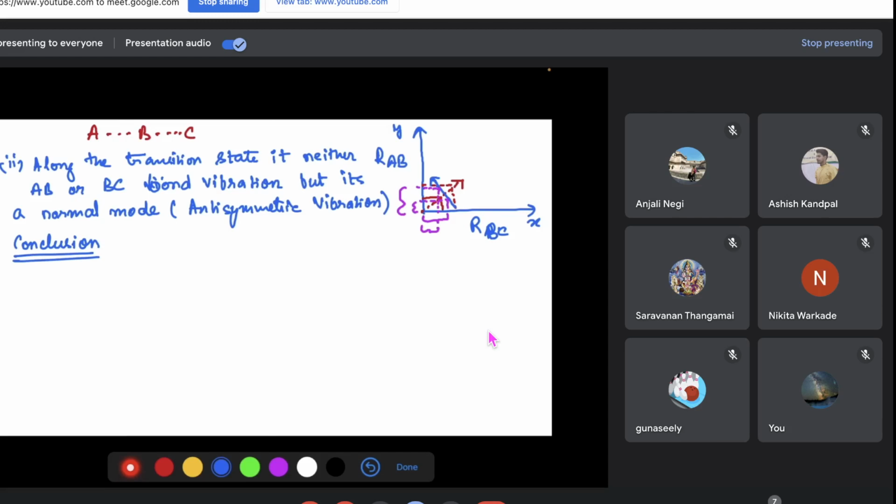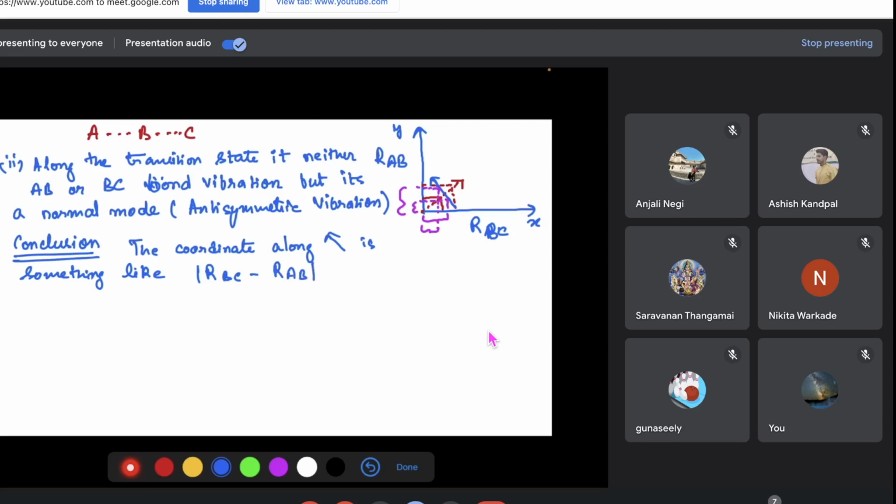How does the coordinate of my antisymmetric vibration look? The coordinate along this arrow is something like RBC minus RAB.